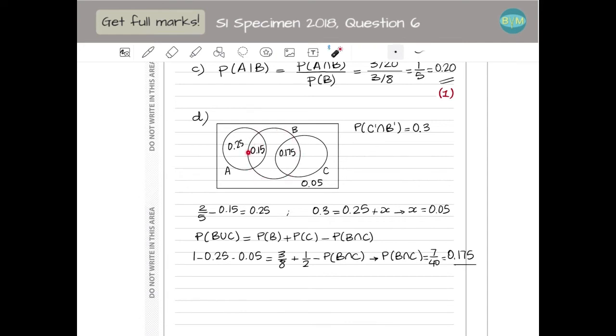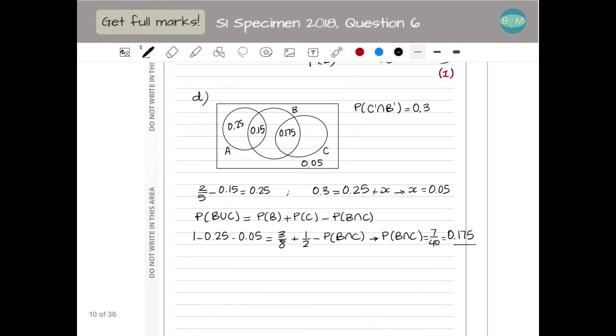And now I know probability of B altogether. If I take away 0.15 and 0.175, I have what I have in the middle. So probability of B was 3/8, or 0.375, minus 0.15 minus 0.175 is going to be the number here in the middle, which is 1/20, or 0.05.